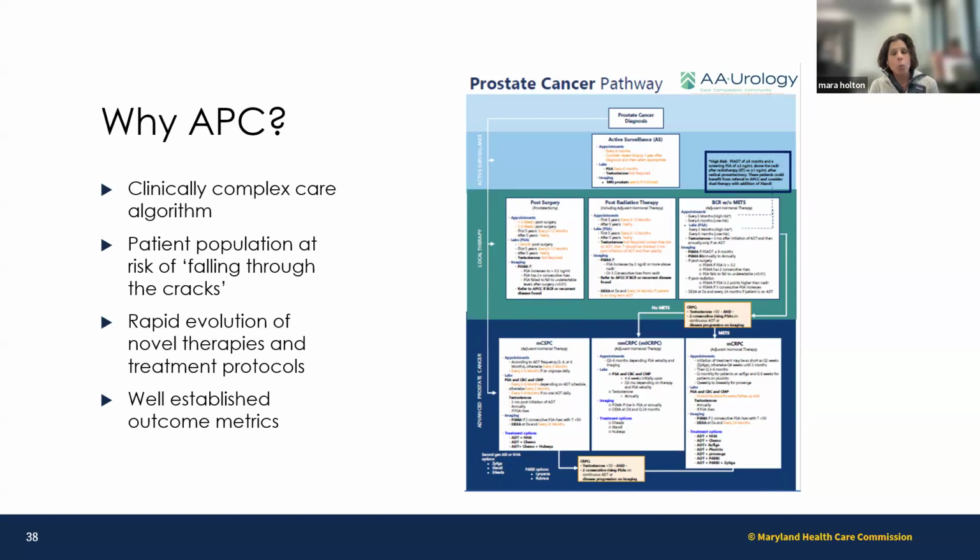And then well-established outcome metrics. So we are not inventing the entire wheel here. Honestly, we're at fine sanding paper at this point. So the APC community, Society of Urologic Oncology, the ABU, the AUA, all of our national organizations have given us very rigid, or certainly comprehensive, guidelines as to how we metricize anticipated outcomes and protocols.